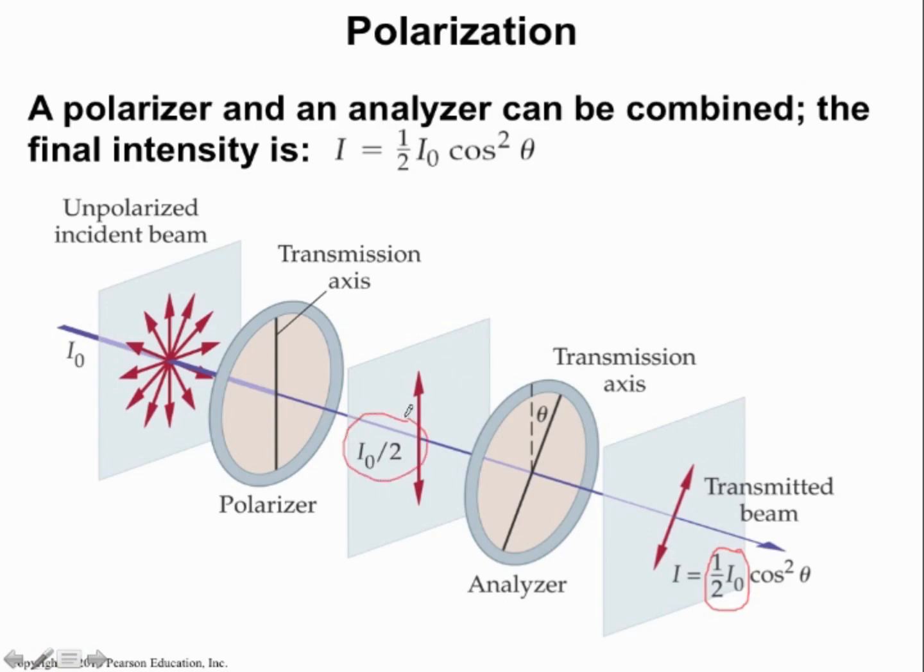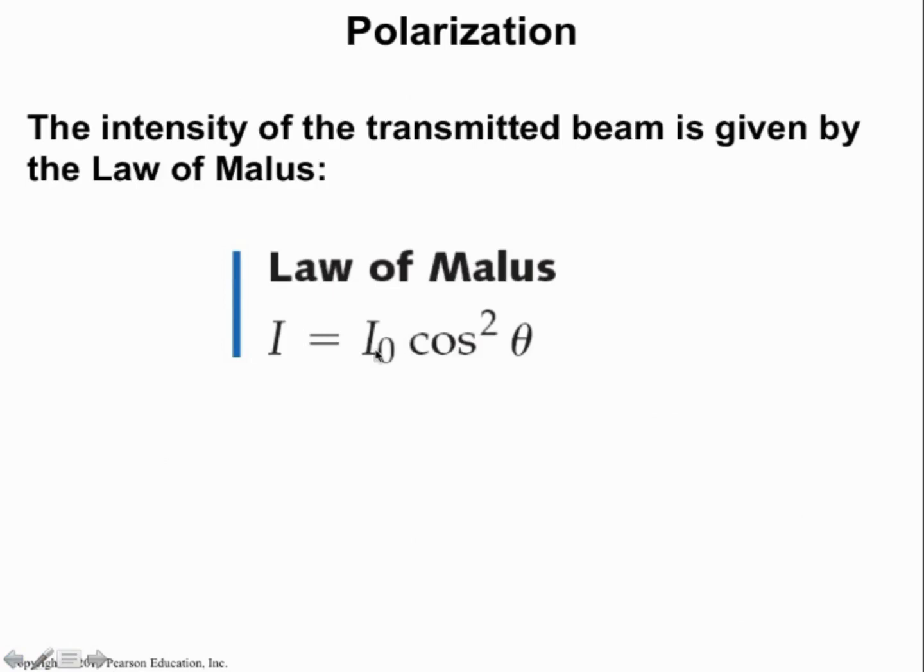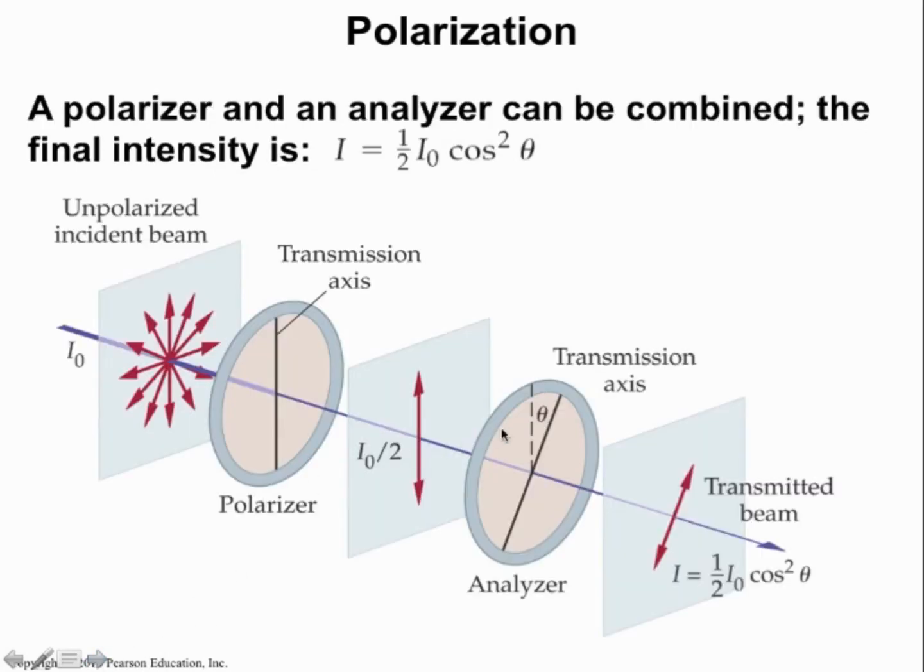But in the law of Malus, this I0 simply refers to whatever intensity reached the second polarizer. So don't be confused by that. The law of Malus has I0 in its definition. But in this particular case where we have two polarizers, the final transmitted beam is going to have an intensity of 1/2 I0 times cosine squared theta, because 1/2 I0 is what went through to the analyzer.